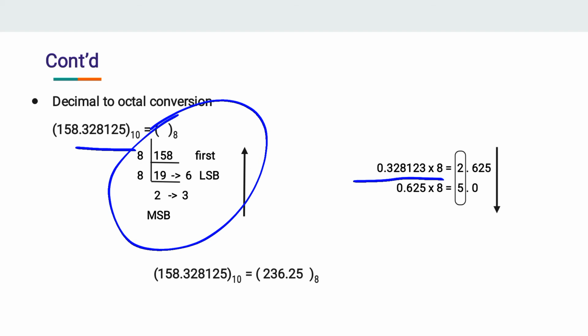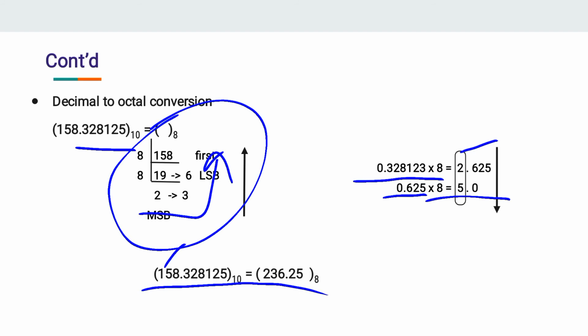So next you will get 2.625. You have to drop 2 there itself. Then you have to take the remaining, that is 0.625, multiply into 8. So that will give you 5.0. So you have to stop here and write the answer for this. For 158 it is 236.